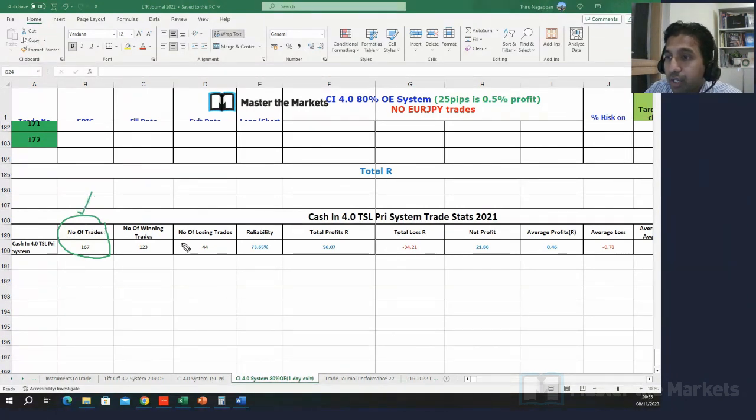And then you're looking at how many trades won out of that, which is above 0, and then losing how many. Your reliability, what's your reliability? Basically, your winning divided by the total number of trades. Total gross profit, total loss, finally getting the net profit, right? And then you want to measure your average profit, average loss. All this, you can program all the formulas inside.